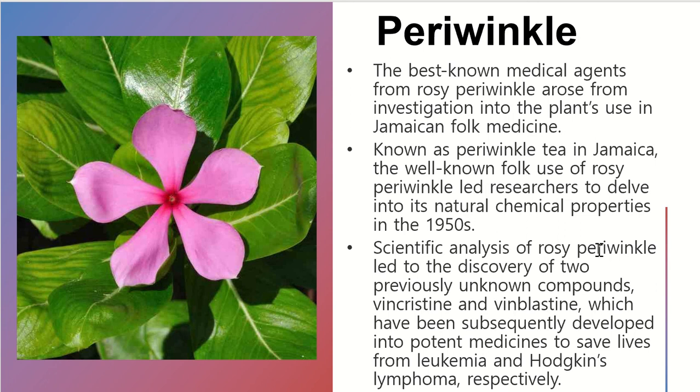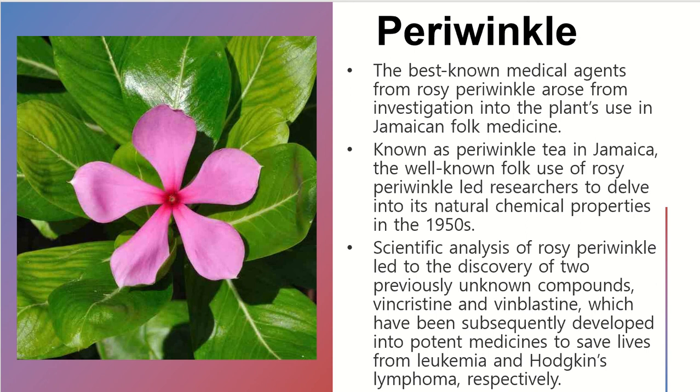Scientific analysis of rosy periwinkle led to the discovery of two previously unknown compounds, that is, vincristine and vinblastine, which have been subsequently developed into potent medicines to save lives from leukemia and Hodgkin's lymphoma, respectively. So here we see natural products that persons used in folk medicine here in Jamaica.